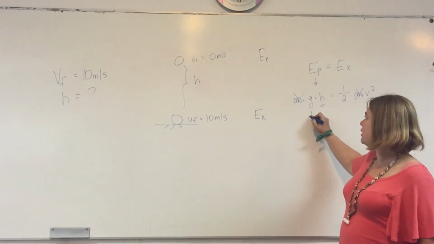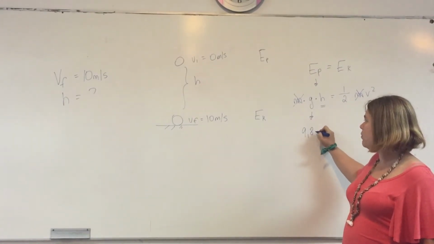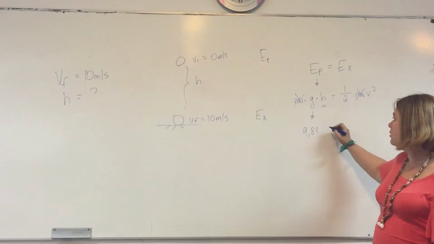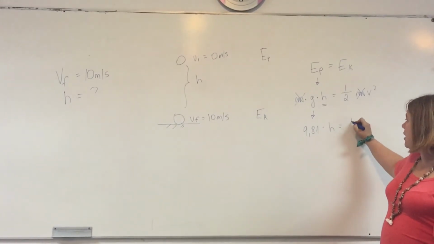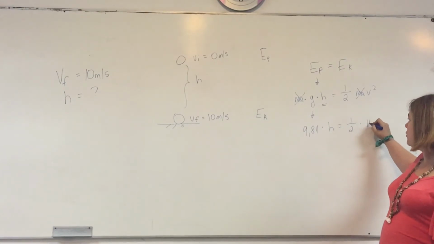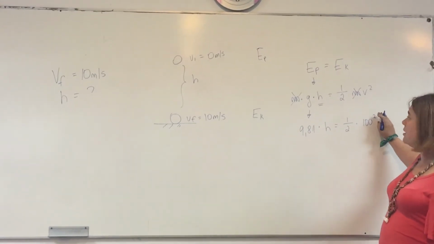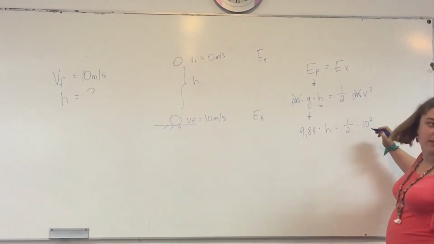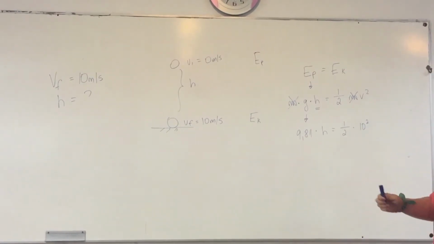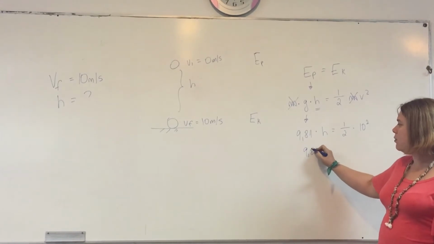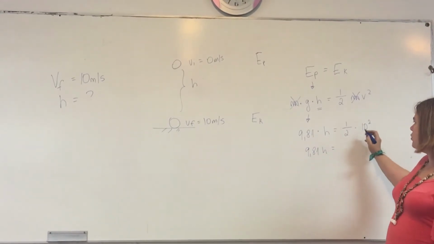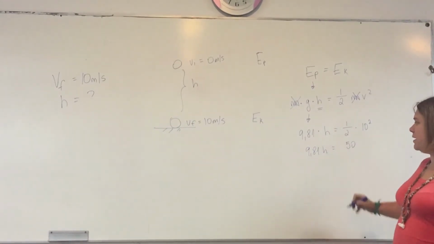This will leave us with an acceleration of gravity of 9.81, which we already know, the height, which is what we're trying to figure out, and 1/2 of our difference in velocity squared, which would be 10 squared. Okay, so if we put this together, we have 9.81 times height equals 1/2 of 100, which would be 50.